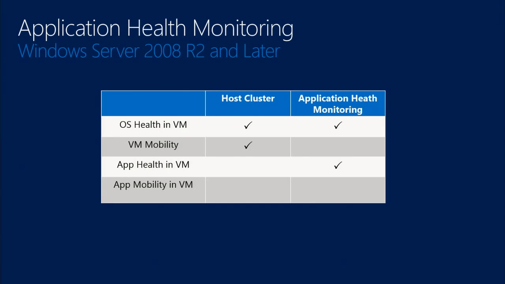For a host cluster, the heartbeating process, checking to make sure that the heartbeat service can at least respond with a packet, is a health check that we have built in for all virtual machines. And then when you add app health monitoring, you're adding that extra ability to detect other events and service failures.